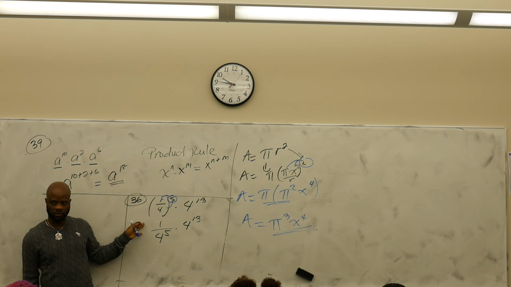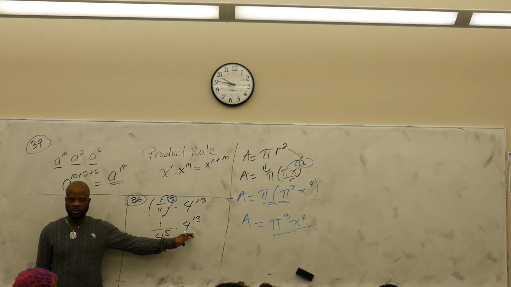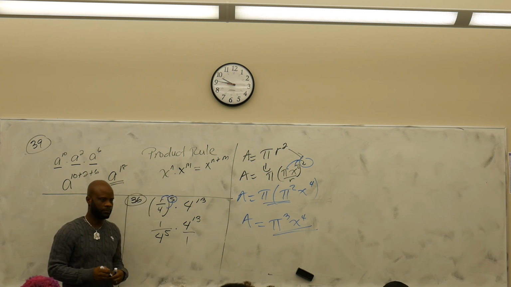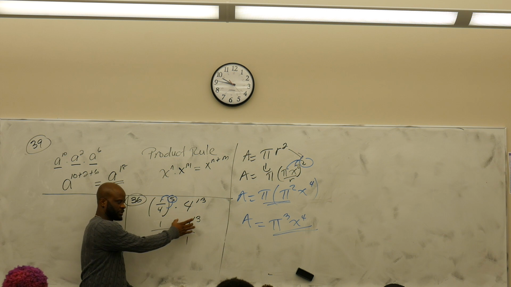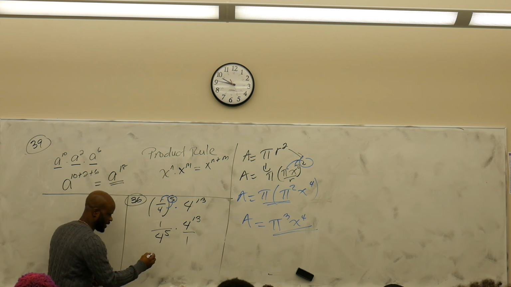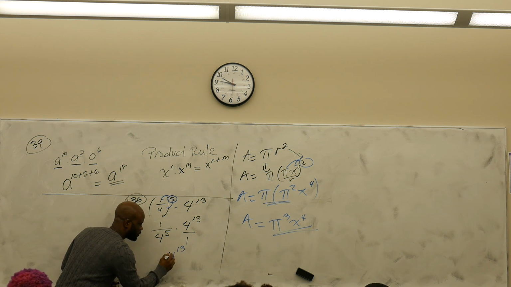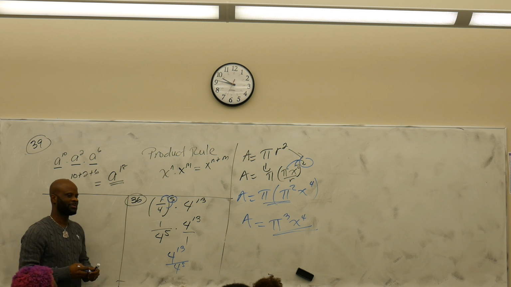This is a fraction, right? Can I write this as a fraction? What would be the denominator? 1. Okay. Now we're just multiplying fractions. What's 1 times that thing? That thing, right? And then 4 to the 5th times 1? 4 to the 5th.